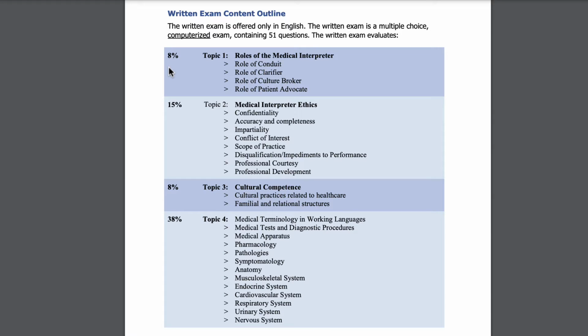If you're not speaking one of those 6 languages, then this is the furthest that you can go with a CMI title, and you will get the CMI title after passing this written exam. This is only offered in English, meaning you do not have to know the medical terminology in 2 different languages. Simply knowing what it is in English would be good enough.